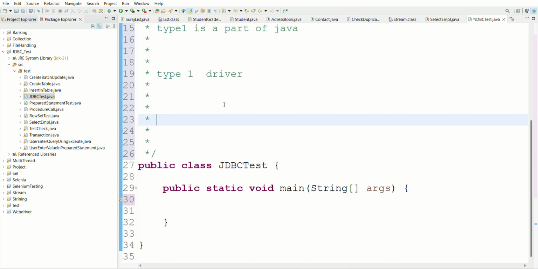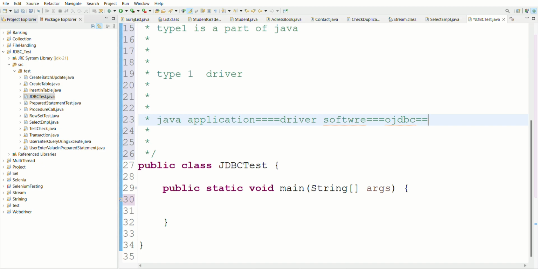In the type 1 driver, at first, this is my Java application or Java program. Second, I have the driver software. Third, I have ODBC.